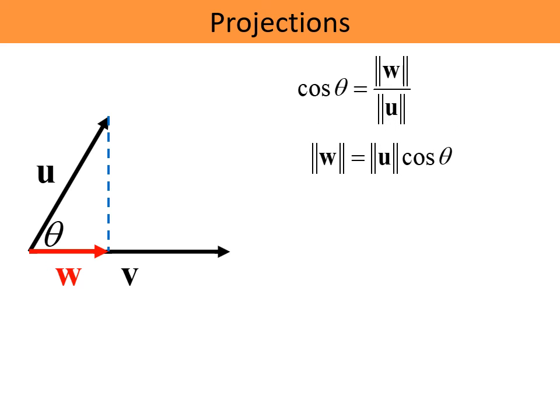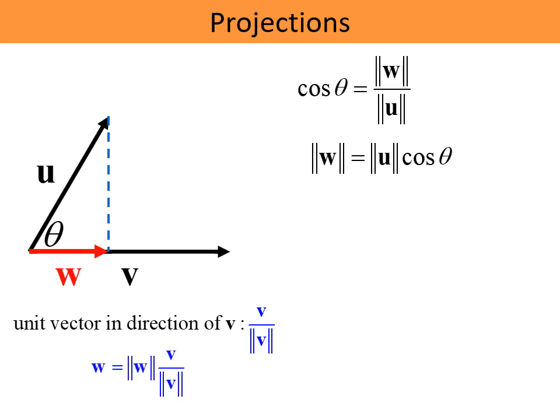We're going to rearrange that, and then just recognize that a unit vector in the direction of v, that means a vector 1 unit long, would be v divided by the magnitude of v. And so w would have to be the magnitude of w times v divided by magnitude of v, the unit vector in the direction of v, multiplied by however long you want the vector to be, which is the magnitude of w.